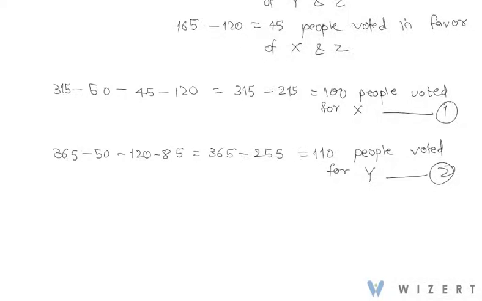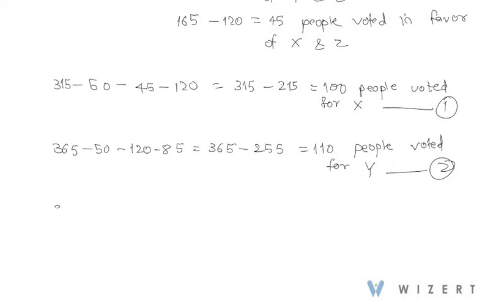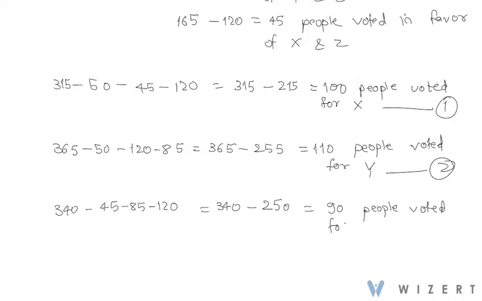So that is equal to 340 minus 45 minus 85 minus 120. 45 plus 85 is 130, and 130 plus 120 is 250. So that is equal to 90 people voted for Z. Equation 3.